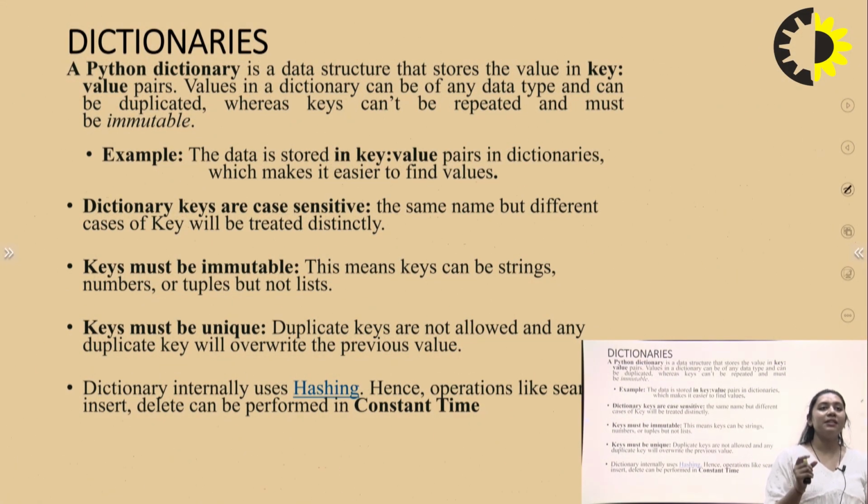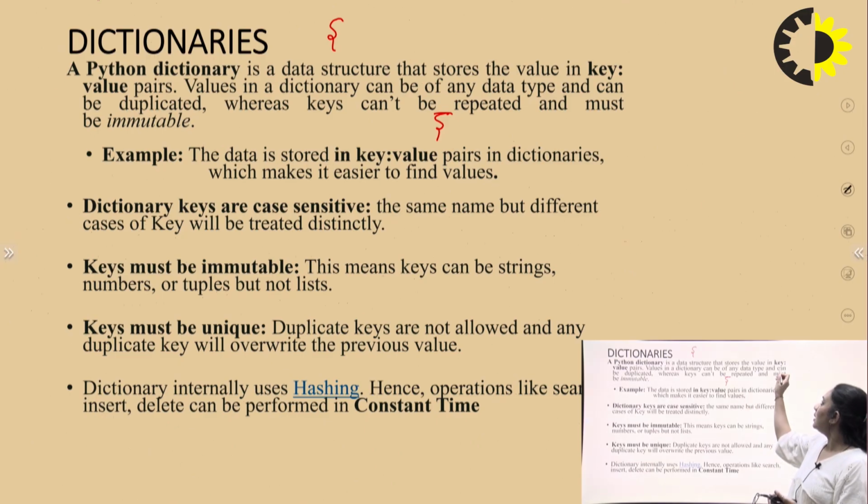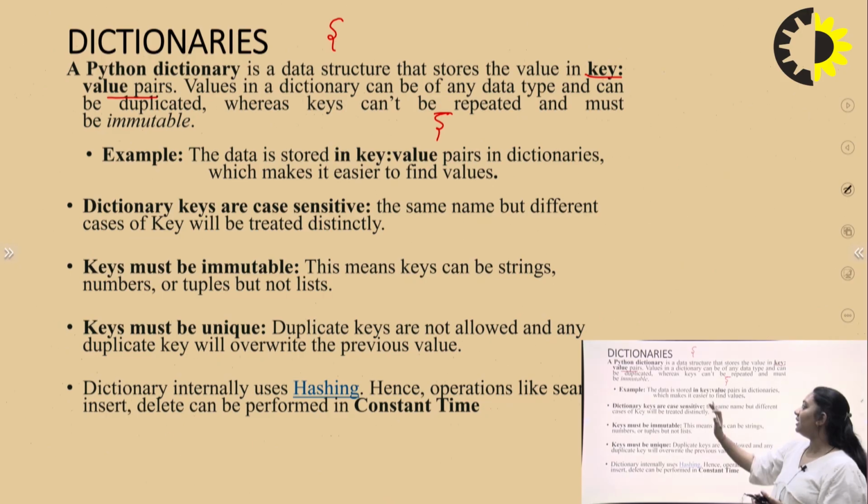For example, first you need to remember that the representation of the dictionary in Python is with curly braces, right? Curly braces. The dictionary in Python is a key and value pair. The key can represent any type of data type you define in the Python program.